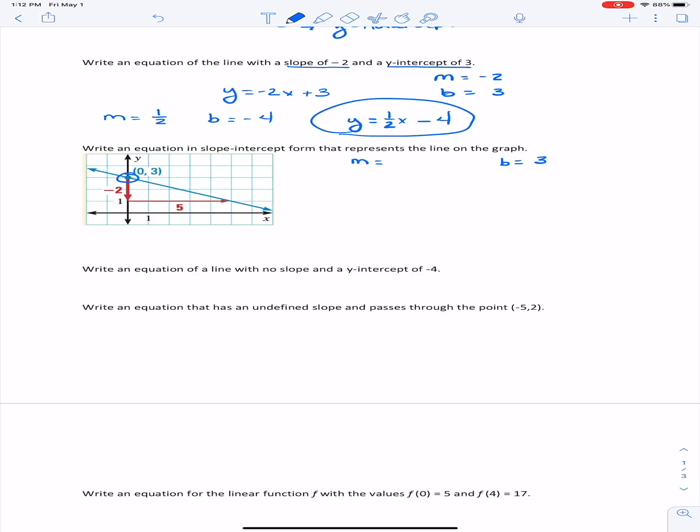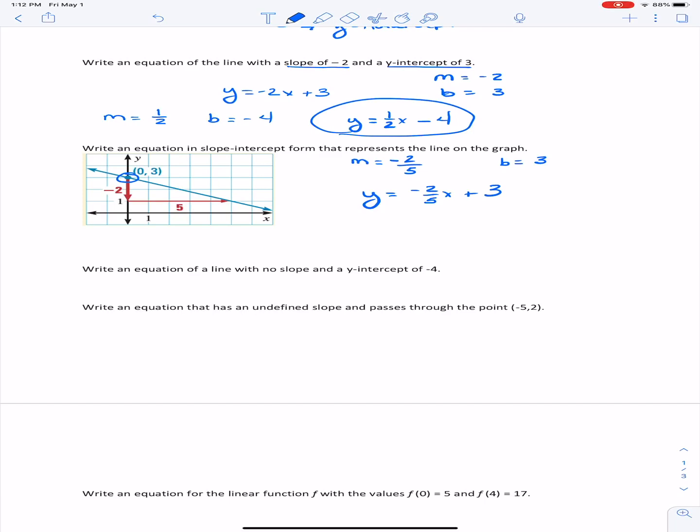Now let's find our slope. Our slope is negative because the graph is going down from left to right. Our rise is -2, and our run is 5 units. So our slope is -2/5. We can now write the equation for this line: y equals -2/5 x plus 3.